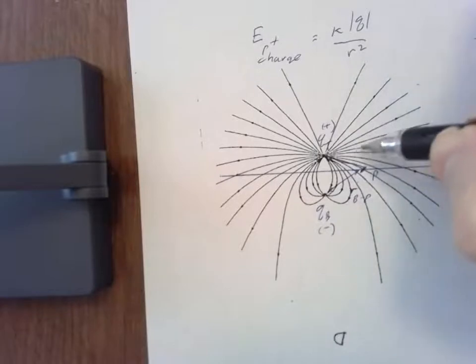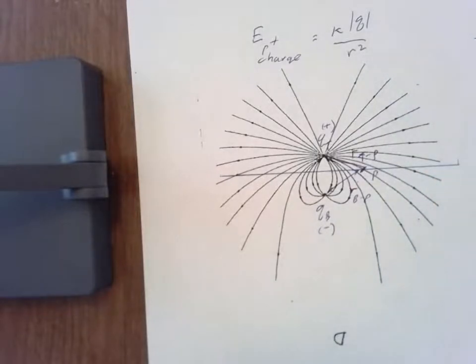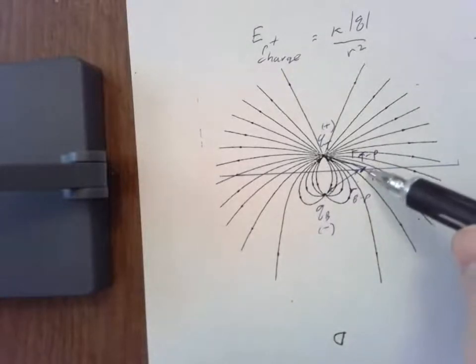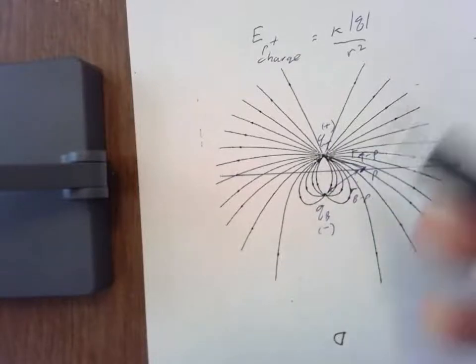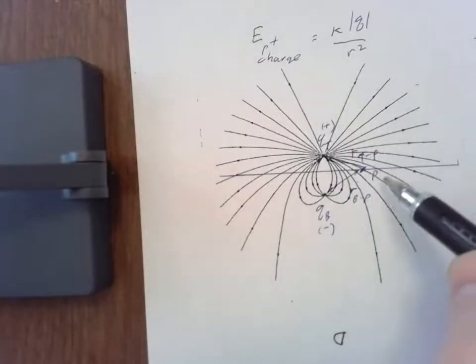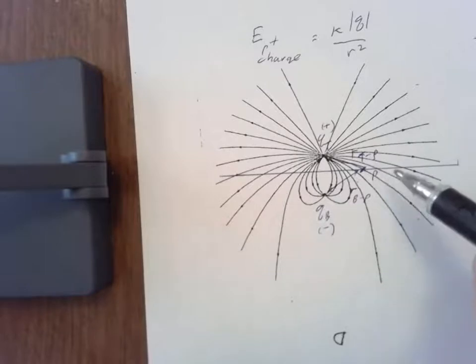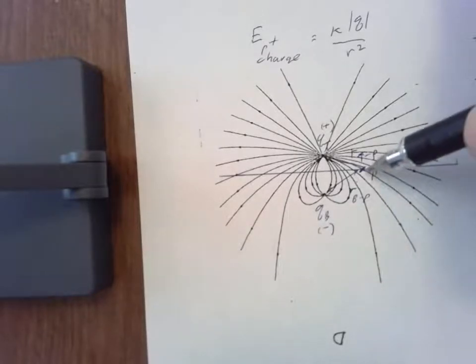This distance would be the radius from the top charge to P, and those distances are equal. So now, what the net electric field line shows at point P is that the net field is in a direction tangent to the field line at that point, which you can tell is this way.